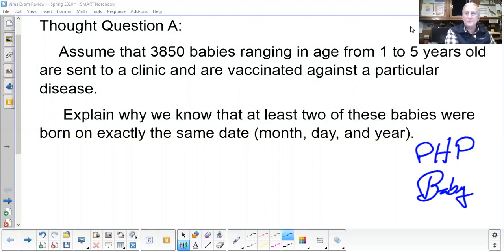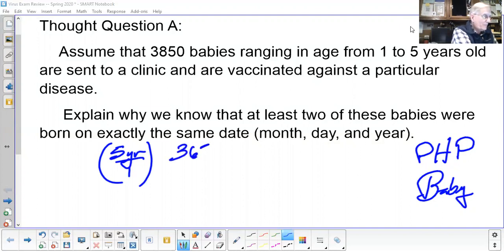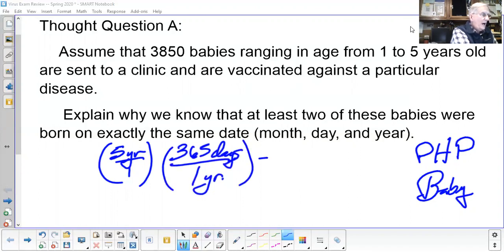Using dimensional analysis to help us, if we take 5 years worth of days, we know there are 365 days in a year. So how many days are available for these people to have been born on in that 5-year period of time?